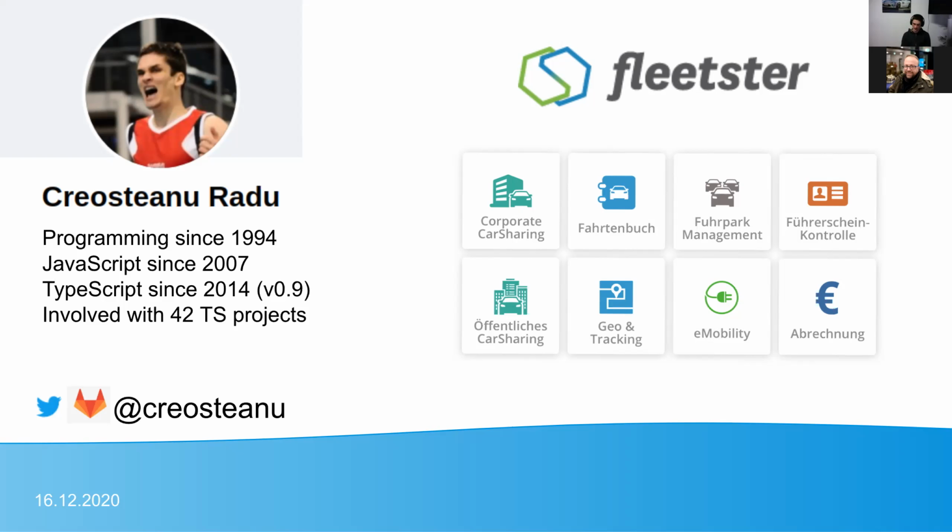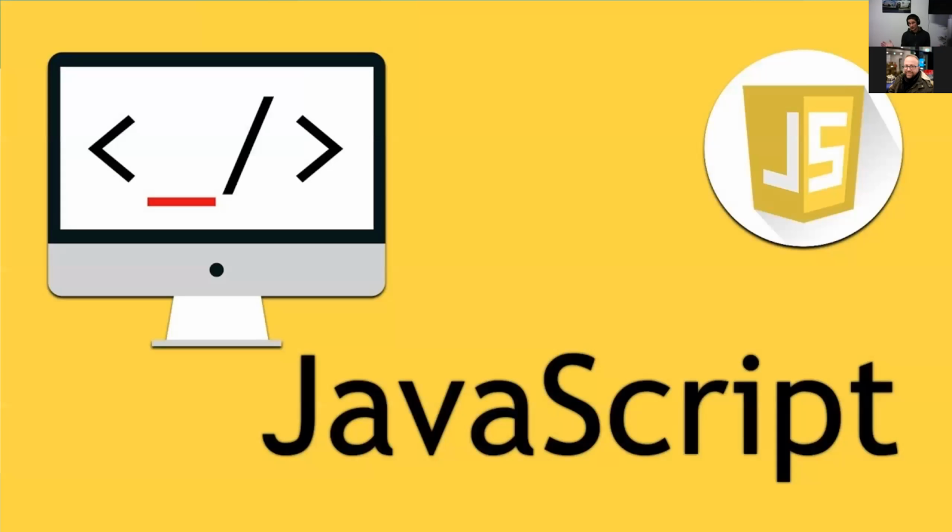So now let's dive into the subject. What is JavaScript? I think most of you are familiar with the rise of JavaScript as one of the most popular programming languages for web development in particular, although its user space has now expanded quite considerably. In Fleetster, we use JavaScript pretty much everywhere, server-side, web, and mobile, and in some cases even embedded through still Node.js.